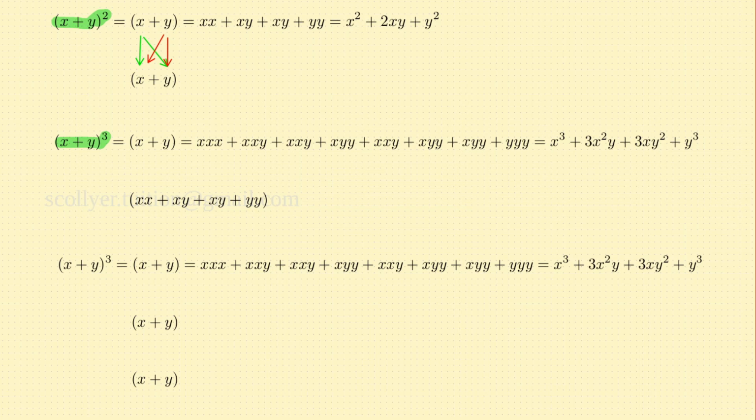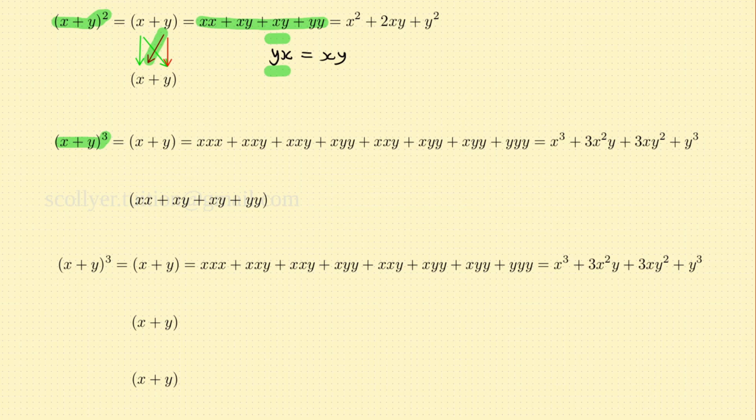And since we multiply two terms by two terms in every possible combination, we end up with 4 terms in the expansion. 1, 2, 3, 4. And we have every possible combination of multiplications of x and y. Now notice that for the third term, xy, I perhaps should have written that as yx, as I started with y and multiplied by x.